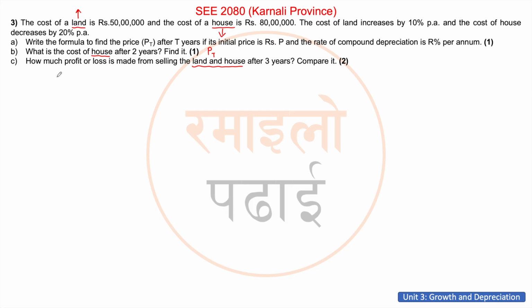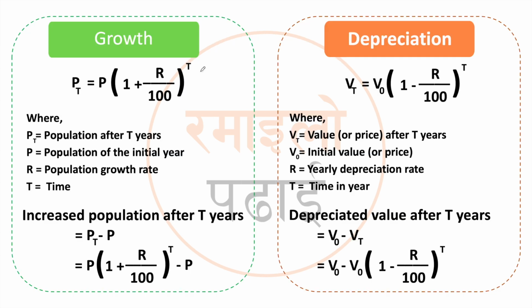Now we will solve the question, but before that we will revise the formulas. For the growth, the formula is Pt equals P(1 + R/100)^T, where Pt is equal to price or population after T years, P is equal to price or population that was initial, R is rate of increase because it is growth, and T is time, which will be 2 years, 3 years according to the question.